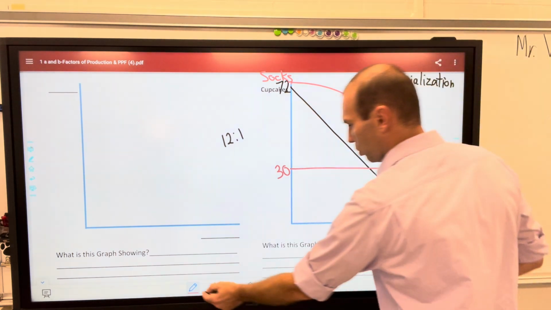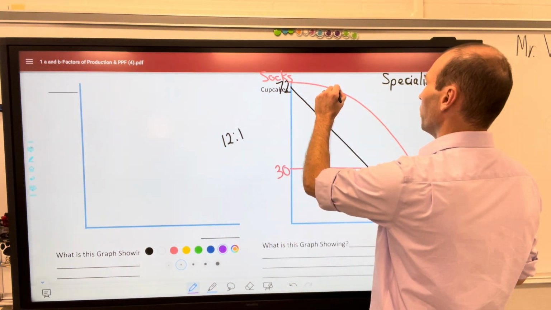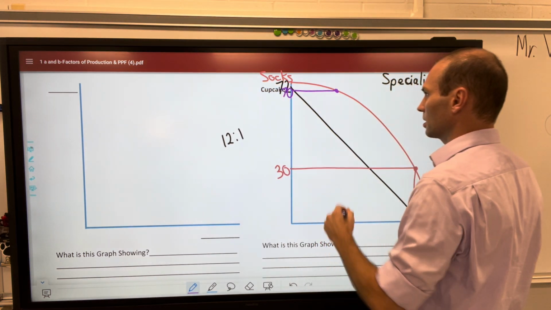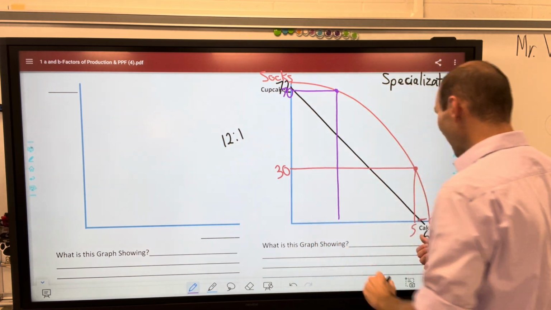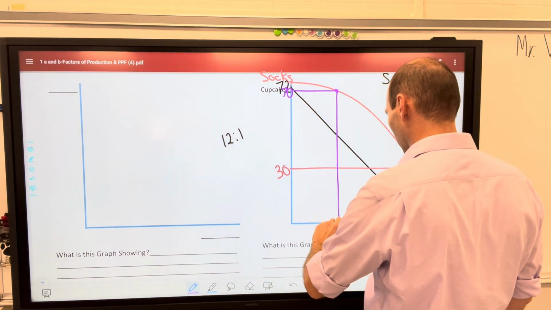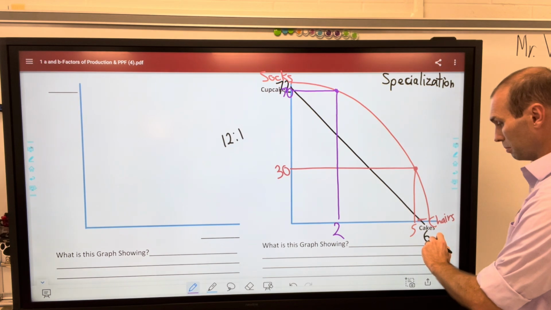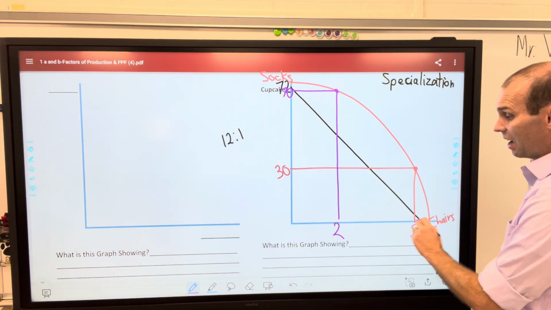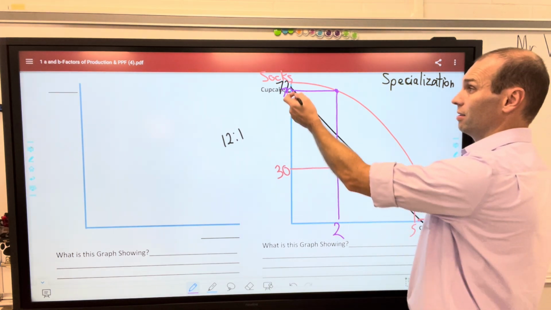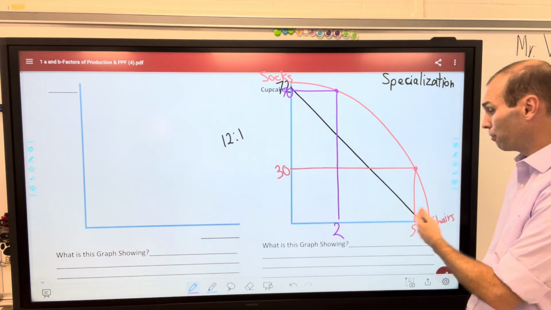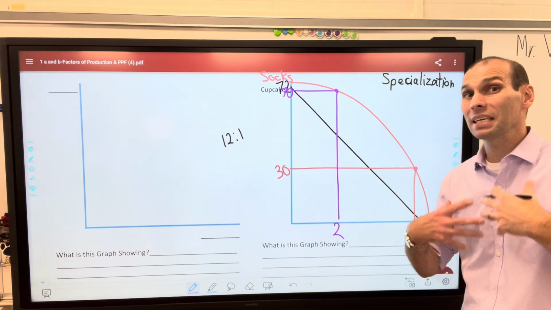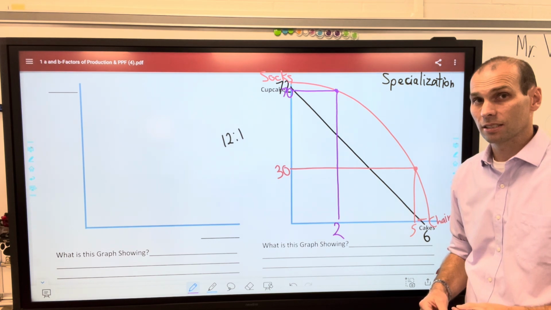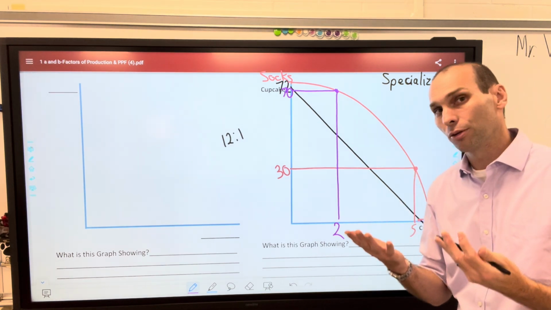But when I get to here, I'm at 70 socks, but now I'm giving up more. If I went from here, from 6, I'd be giving up 4 chairs to get 40 more socks, which means I'm giving up way more chairs to get socks. So this is called increasing opportunity cost.